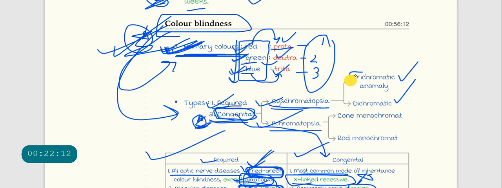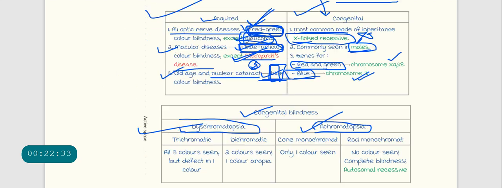Achromatopsia has two subcategories: cone monochromat and rod monochromat. So basically, what is trichromatic? All three colors are seen, but the patient will complain that one of these three colors has a defect.